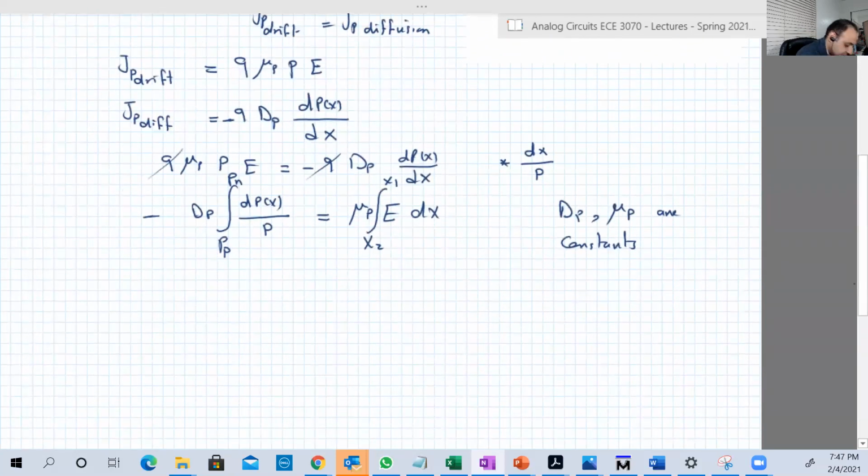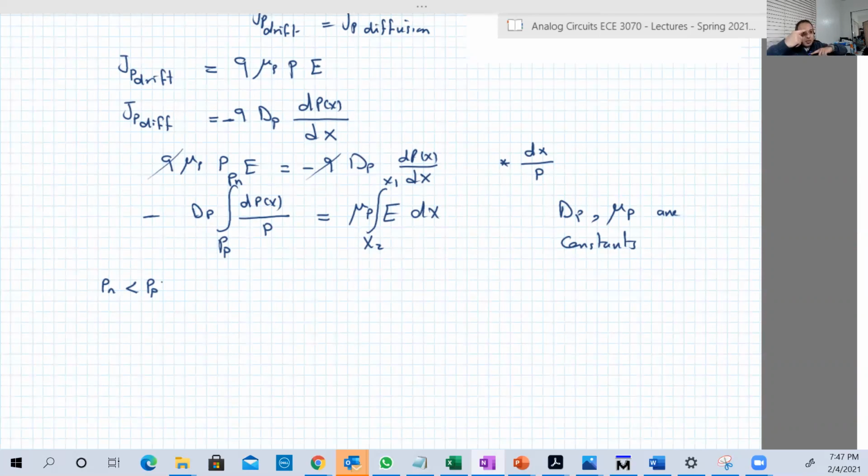Good. Remember, Pn is less than Pp, because here it's a minority, here it's a majority. So in a practical case, Pp is larger than Pn. Okay, but Pp is in the lower limit.